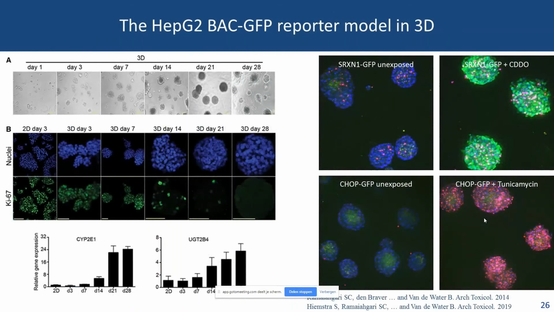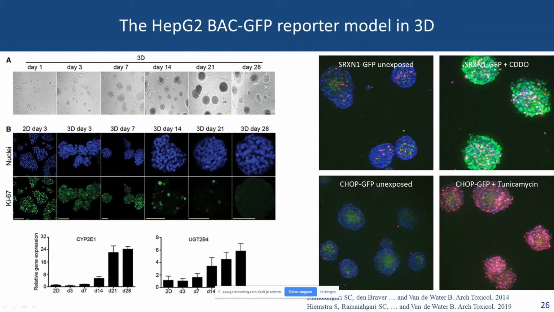All right, so the data that I've just shown was all based on the 2D methods. So basically culturing these HepG2 BAC-reporters on a 2D plastic surface. But we can also culture these in a 3D matrigel environment. So basically what we do is we seed the cells in a single cell manner, and during around 3 weeks, these stable spheroids are being developed.